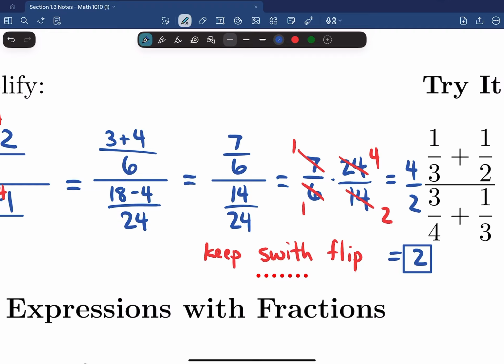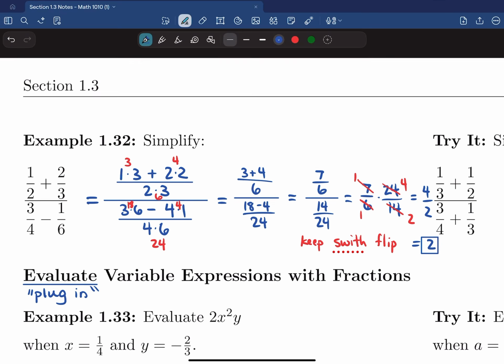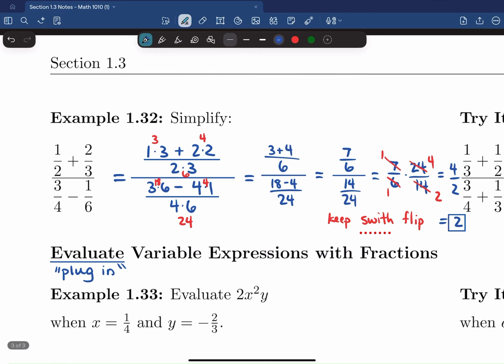Here's my final result. So looking back, we saw something that appeared really complicated, like all this stuff. And we did what we know about fractions to simplify addition and subtraction and division, and we ended up with a really simple answer. All of that was really just 2 in disguise.